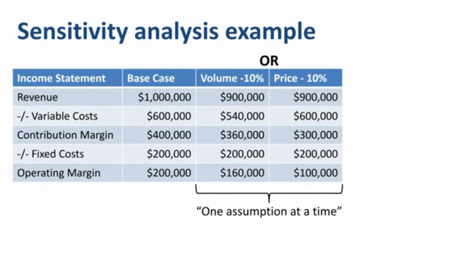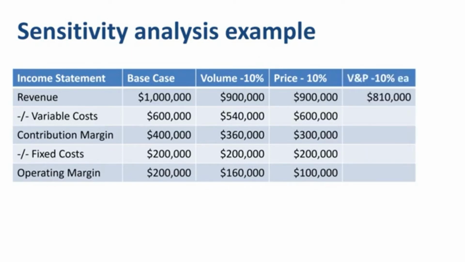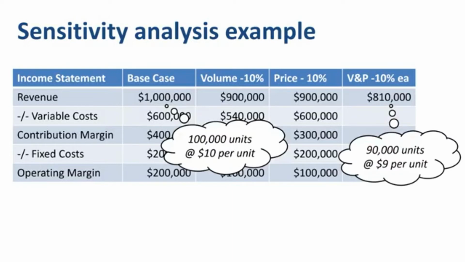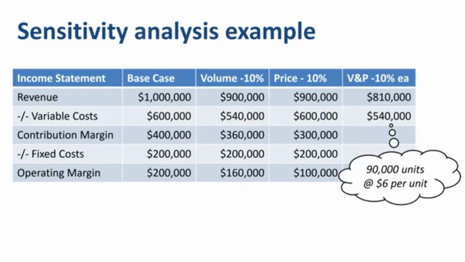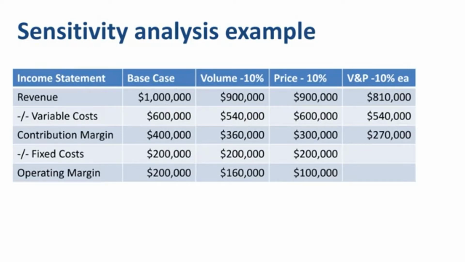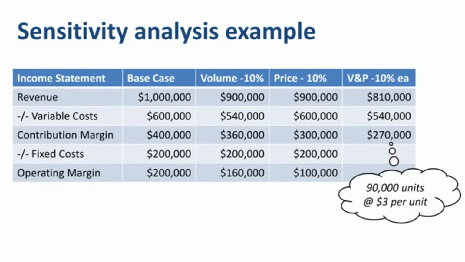What if both volume and price drop by 10% at the same time? Our new revenue would be $810,000, 90,000 units at $9 per unit. Variable costs, $540,000, 90,000 units at $6 per unit. Contribution margin, $270,000, 90,000 units at $3 per unit.